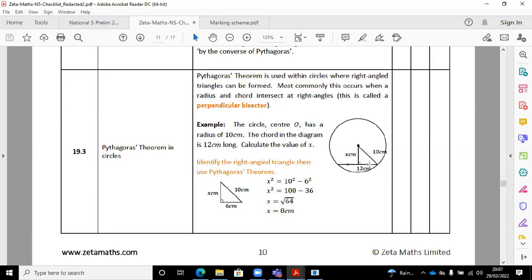They can give you the radius, they can give you the height from the bottom to where the chord is. They can position the chord in different places. There's lots of ways they can ask it, but essentially it's always asking you to create a right angle triangle and find a missing side.